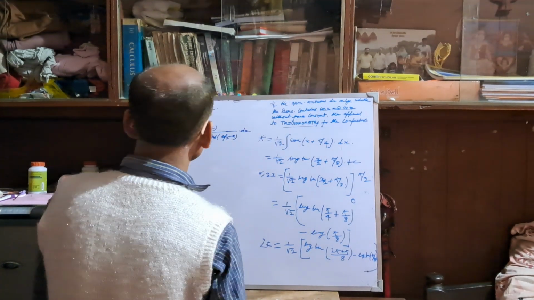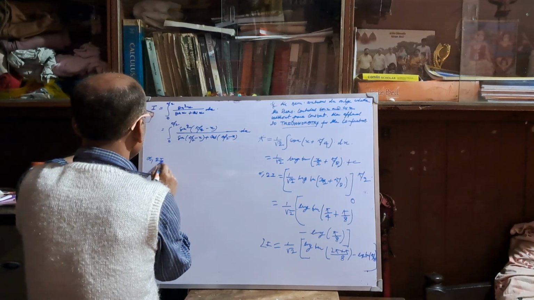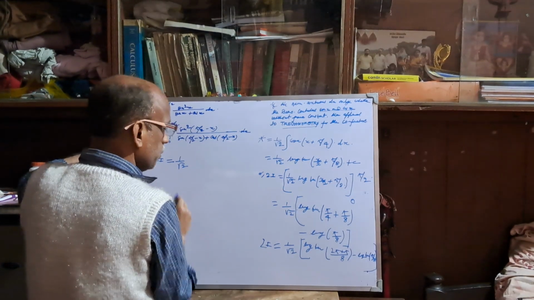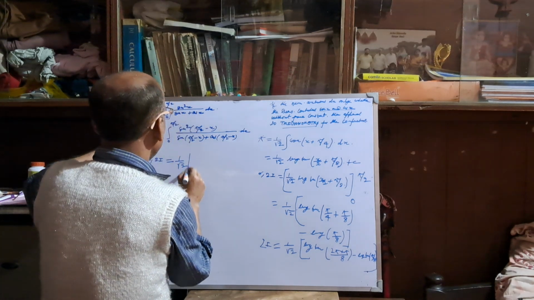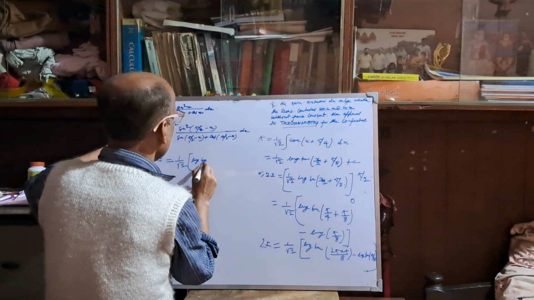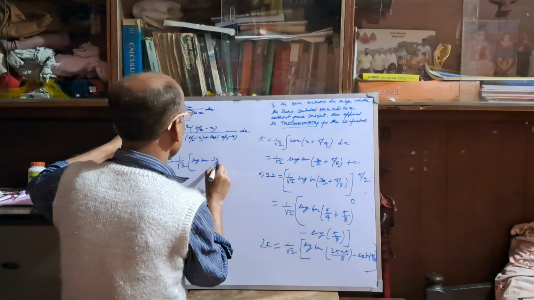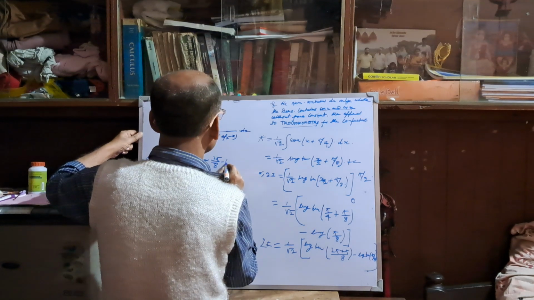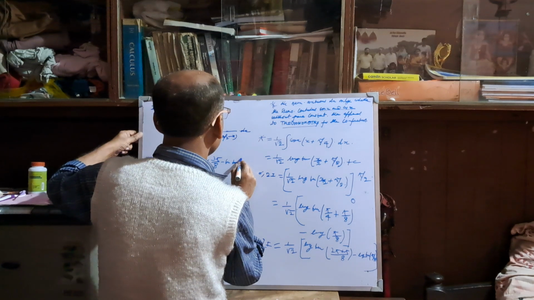Now you just see here, this will be 2i. This is 2i is equal to 1 by root 2 log tan of 3 pi by 8, minus log tan of pi by 8 only here.